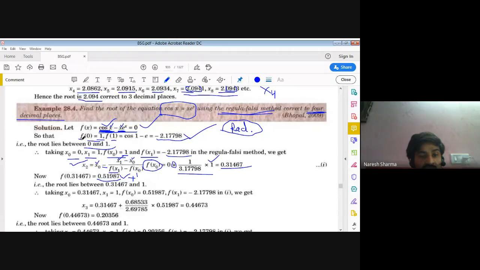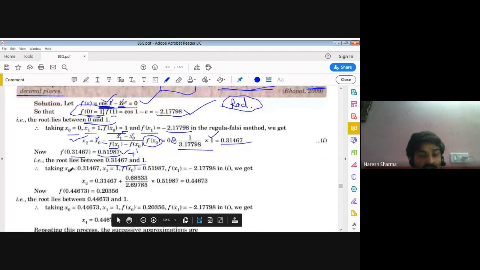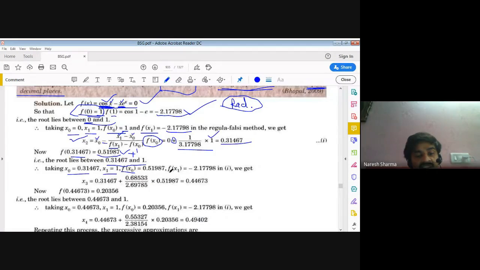We got the positive value at 0, so we replace your 0 here. So the next root lies between 0.31467 and 1. Again, you assume these as your x naught and x1. Corresponding values of the function, f(x naught) and f(x1), are already calculated.